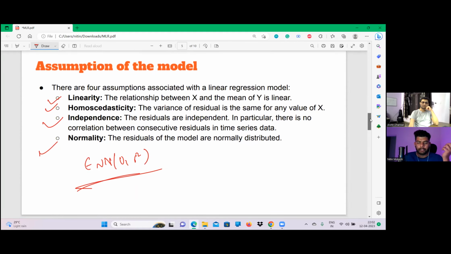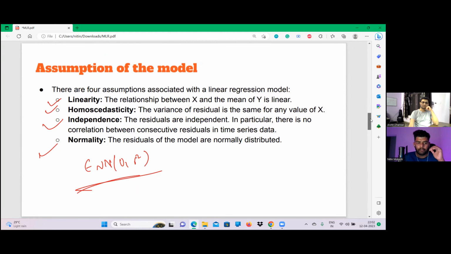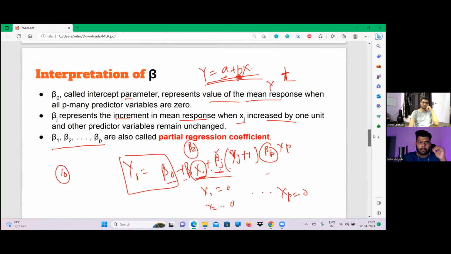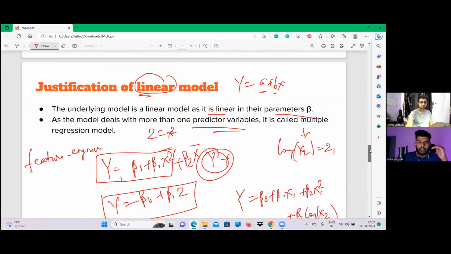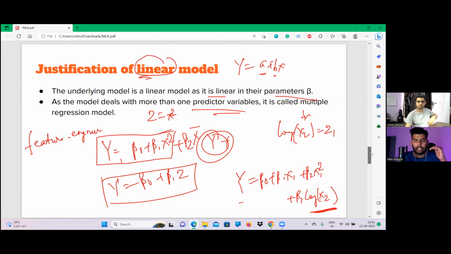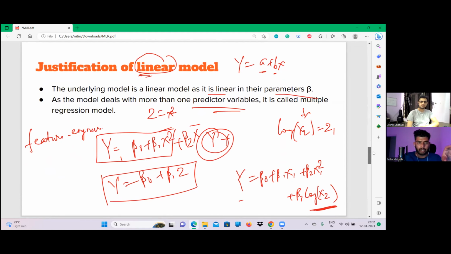Now these are the assumptions that we also talked about in the last session. Assumptions are fairly the same, and we have talked about the interpretation of beta, basically the partial regression coefficient, that each coefficient has a certain contribution to the value of y. That is why they are called partial regression coefficients. Then we have the justification of the linear model: why this is called multiple linear regression, because you have multiple predictors, and this particular model is linear in the parameters beta.